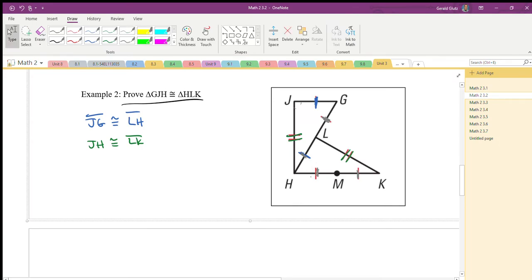So that means that GH has to be congruent to HK, because each one has the 2 little tick marks. So that means those are the same length. So now we do have three sides that are all congruent. So I know that triangle GJH is congruent to triangle HLK by the side postulate.